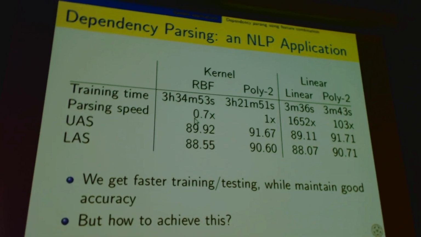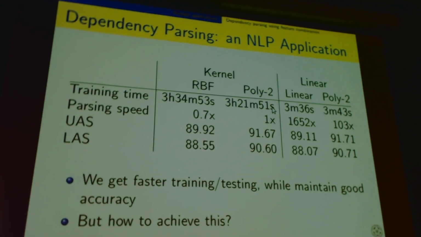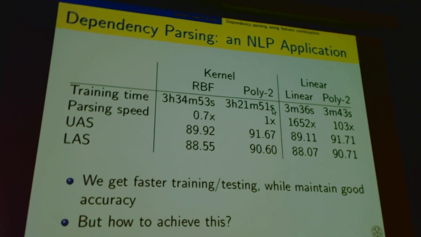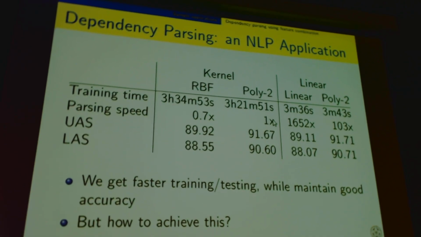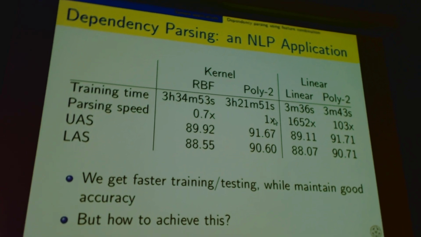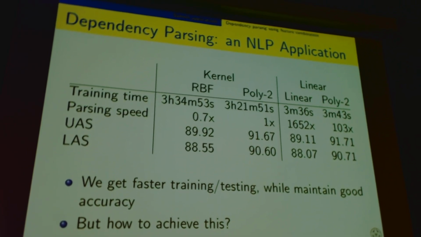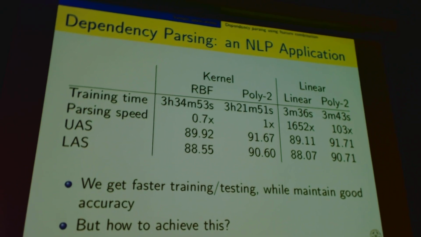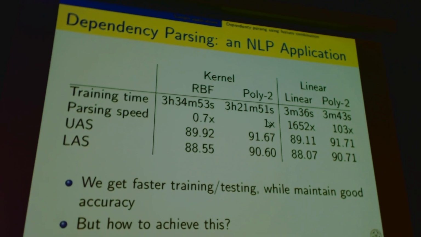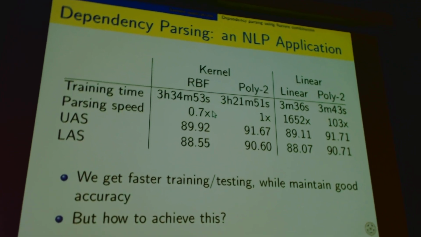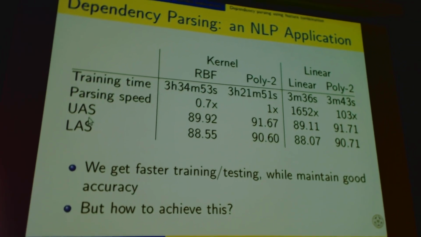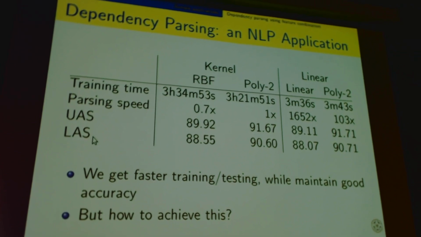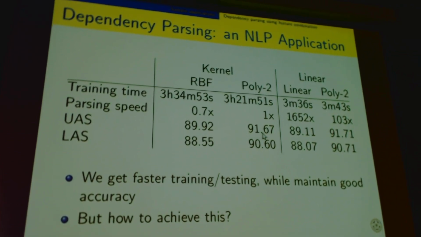For the parsing speed, I use the result of using degree 2 polynomial kernel as the standard unit of the testing speed, because for this real application I cannot show you the real testing time. So if this is the single unit of testing speed, then the Gaussian kernel is slightly slower, that's 0.7. And UAS and LAS are like the test accuracy. We achieve 91 something.